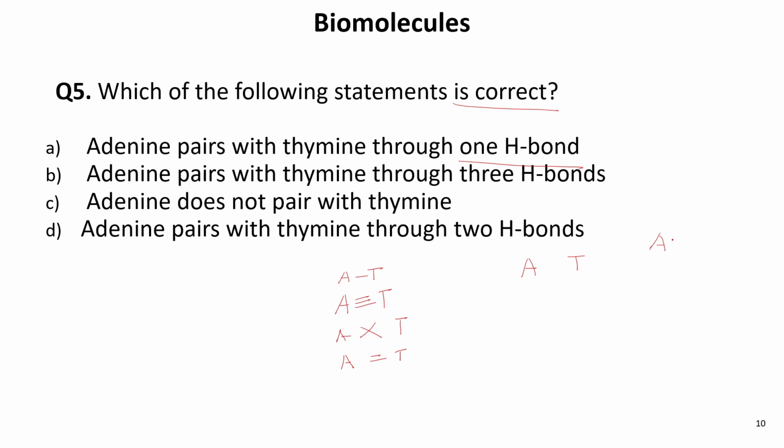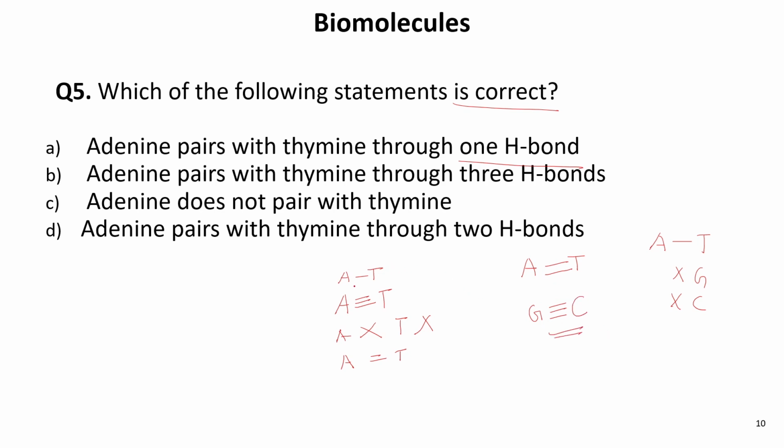Adenine always pairs with thymine, never with guanine or cytosine, so the third option is incorrect. Adenine always pairs with thymine with 2 hydrogen bonds, and guanine always pairs with cytosine with 3 hydrogen bonds.